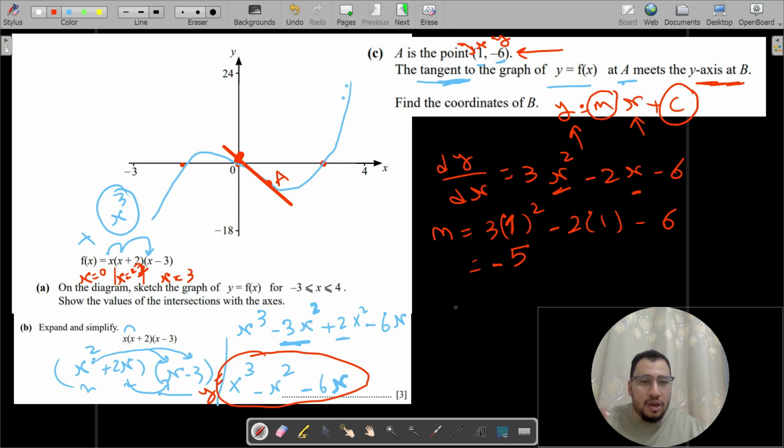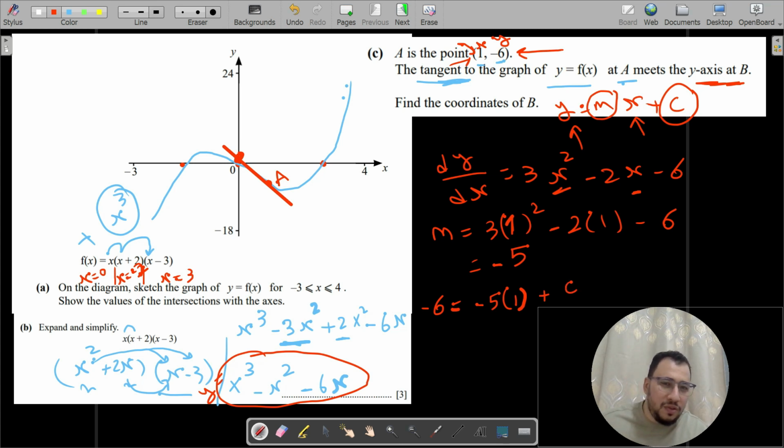Let's write our equation now, substituting x, y, and m. And after that, we can find c easily. y equals negative 6 equals m, which we just found as negative 5, times x from the point, which equals 1, plus c. So what is c? No, c is c.